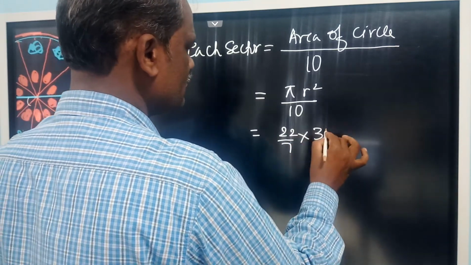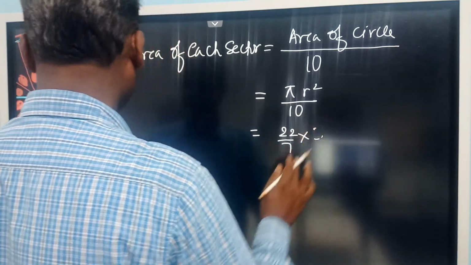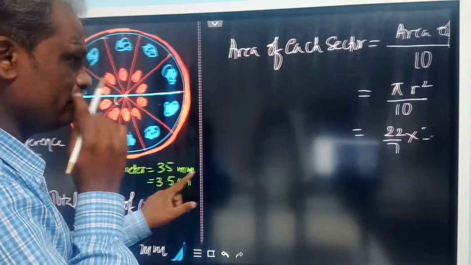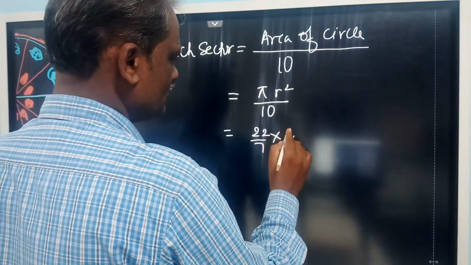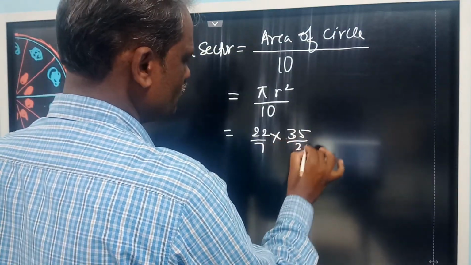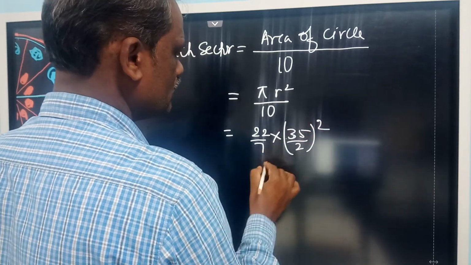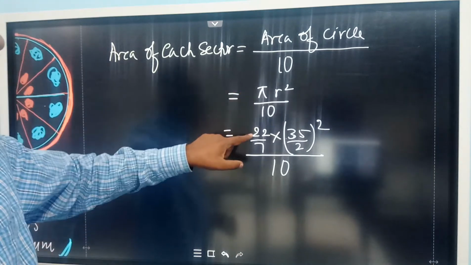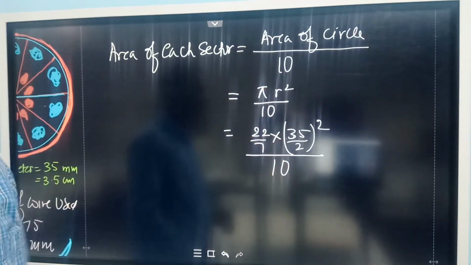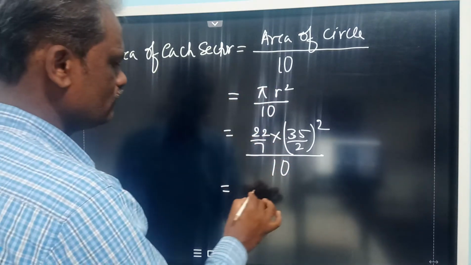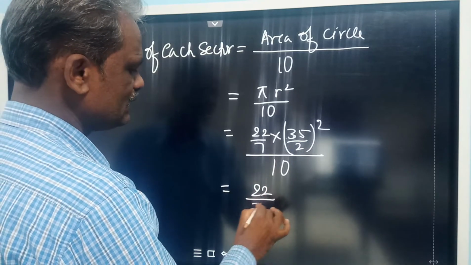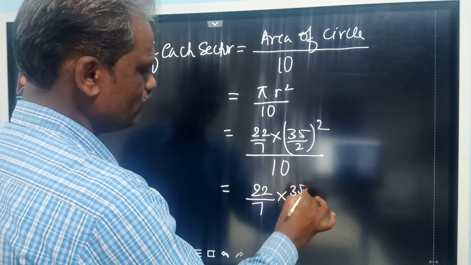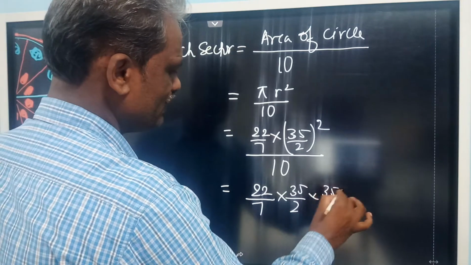What is the radius here? 35 is the diameter, so the radius is 35 by 2 whole square. So 22 by 7 into 35 by 2 into 35 by 2.